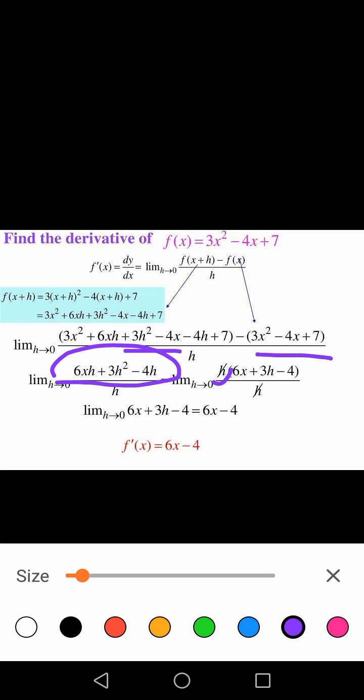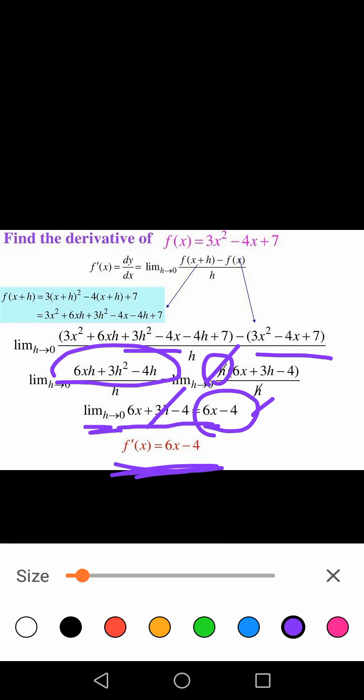Here he took h as a common factor, then cancelled h to get the value 6x plus 3h minus 4. And finally he substitutes the value of h approaching 0, so he removes h and puts 0 to get the final answer, 6x minus 4, as the derivative function.